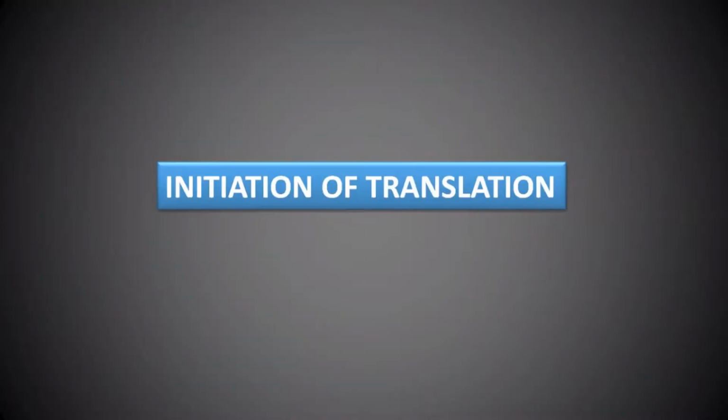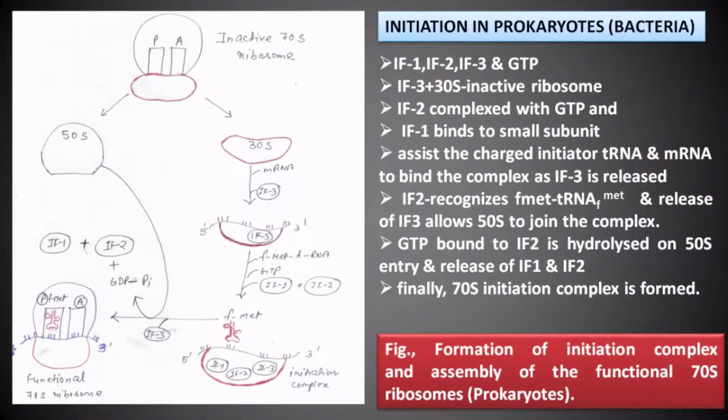Next, how does the initiation of translation take place? Some initiation factors, IF1, IF2 and IF3, and GTP are required. In the first step, you'll see in the figure that this is the 70S ribosome. It gets dissociated into 50S and 30S. Now IF3 comes and binds to 30S, so that the 30S doesn't reassociate with the 50S.